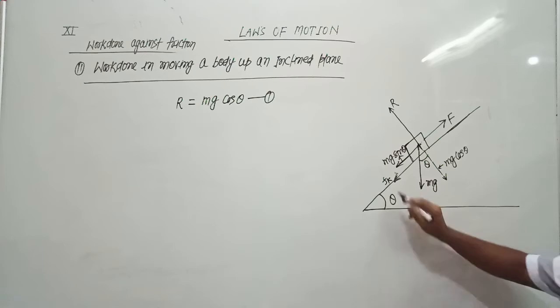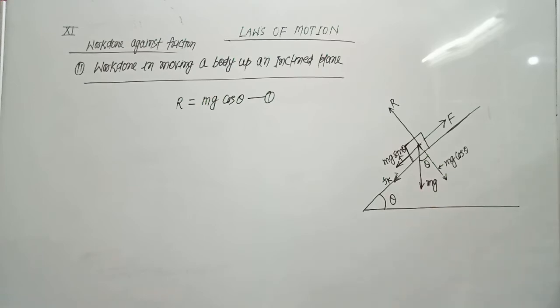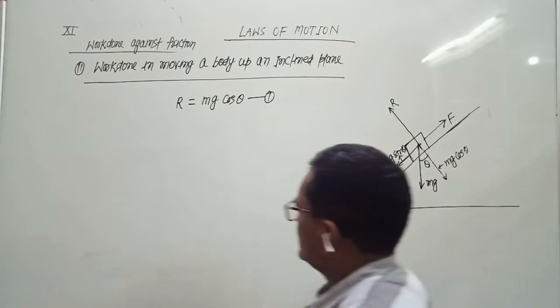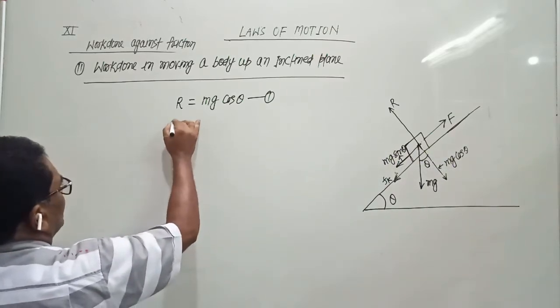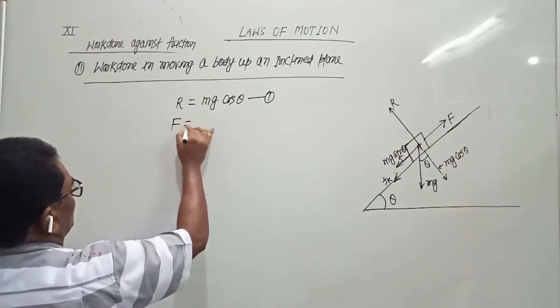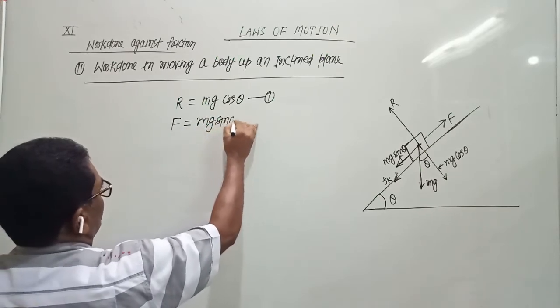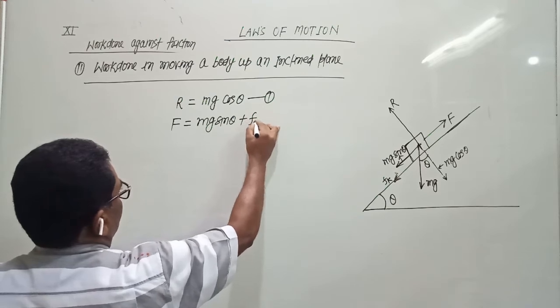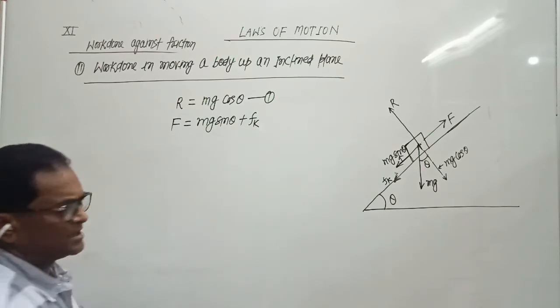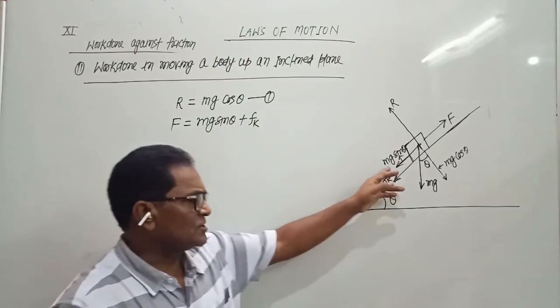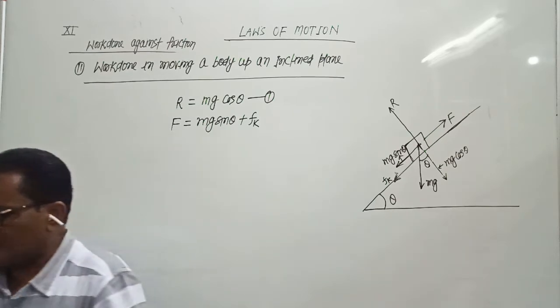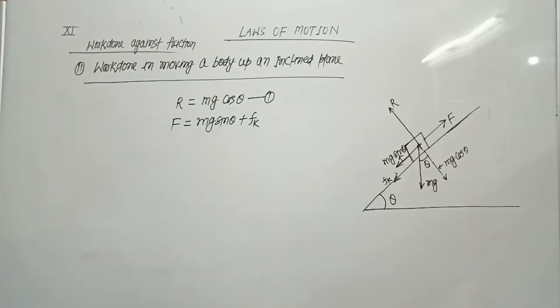One is the kinetic friction Fk and another is mg sin theta. So the applied force F equals mg sin theta plus Fk, kinetic friction. The directions of these two forces are the same, therefore they will be added.